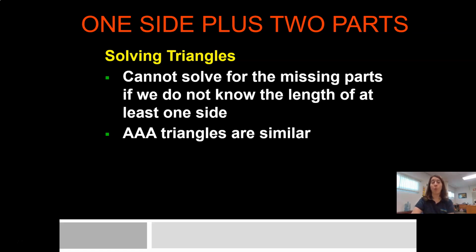The reason we didn't have AAA congruence is those triangles aren't the same, they were just similar to each other. I could have a small triangle that has 3 different angles, and I can have a larger triangle that has the exact same 3 angles. Well, if all of the angles matched, but the sides didn't match, there was a ratio between them, those were called similar triangles. Well, I don't want to just be guessing which one that picture is talking about. I need to know for sure, and that's why one of those side lengths has to be set for us in our problem.